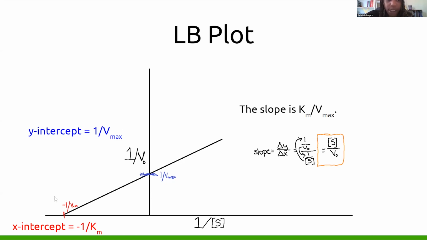And then the change in x would be the 1 over the substrate concentration. And so if we do all of the flipping of the fractions, the substrate concentration would come to the top and the V0 would come to the bottom. So then you would have the substrate concentration over the V0. And that is how you would figure out the slope of the LB plots.